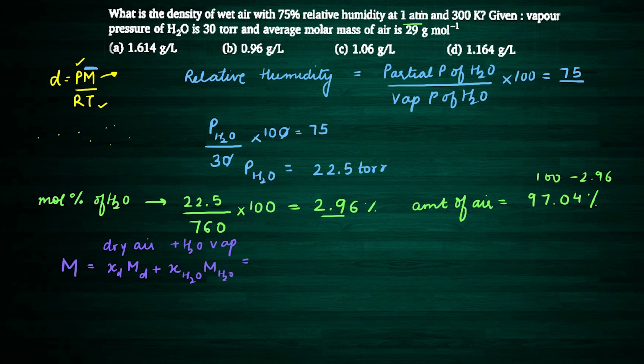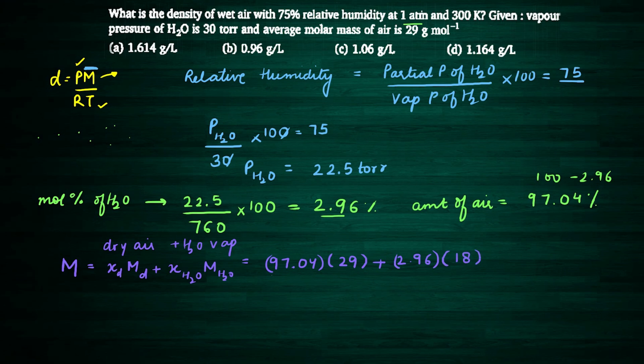So for dry air it is 97.04 multiplied by the molar mass, given to be 29, plus the moles of water, 2.96, multiplied by the molar mass of water, that is 18.